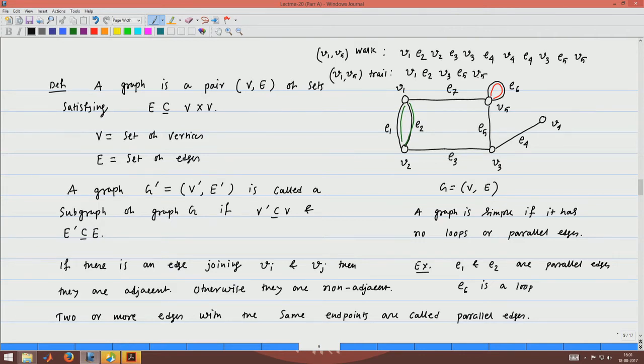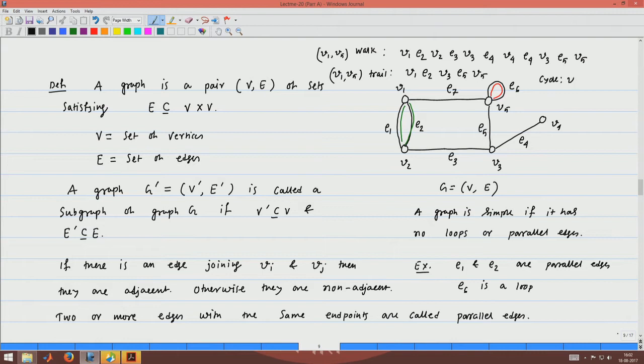So, this is a trail because all the edges are distinct here, and this is also a path because all the vertices are also distinct. And let me give one more example of a cycle maybe. So, this is a cycle. In the case of a cycle, the first vertex will be equal to the last vertex.